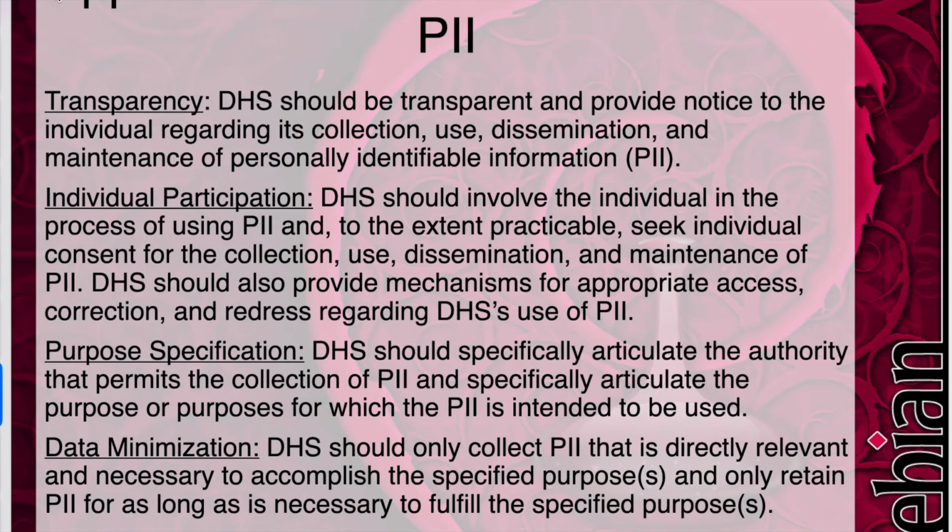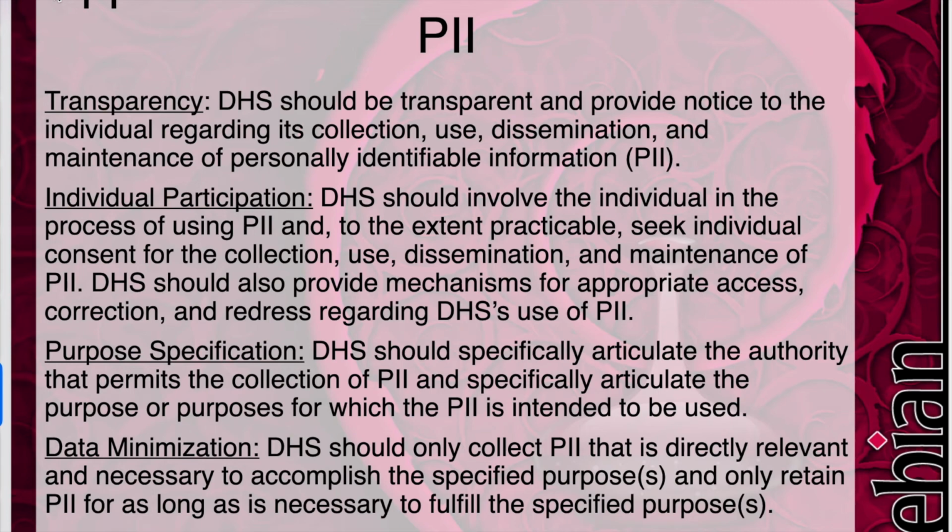Individuals are involved: seek individual consent to collection. They are required to get our consent to collect our data or any information. Minimize the collection to direct, relevant, and necessary PII for the specific purpose, and retain PII only as long as necessary to fulfill the specified purposes.